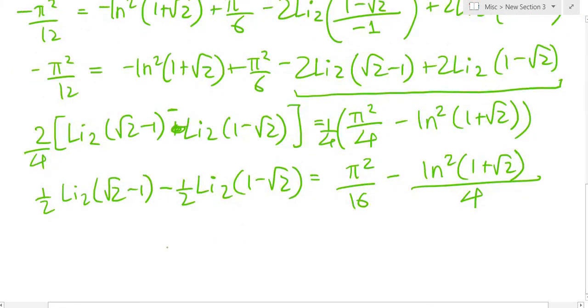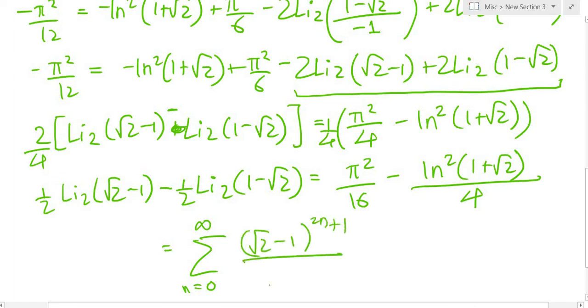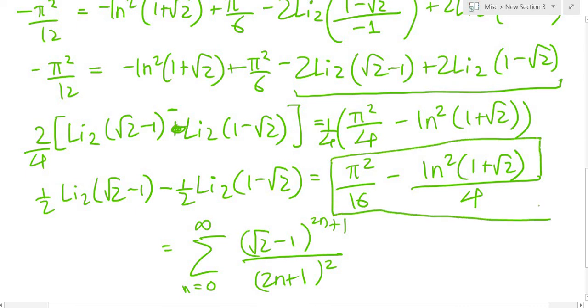And all this I can, just for the sake of completion, say that this is the infinite series as n equals 0 to infinity of square root of 2 minus 1 to the 2n plus 1th power divided by 2n plus 1, the whole thing squared. So it's a pretty neat result. I mean, it was quite unexpected to see the dilogarithm or Spence's function in this way.